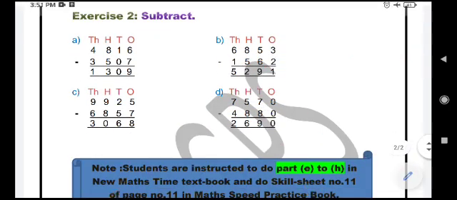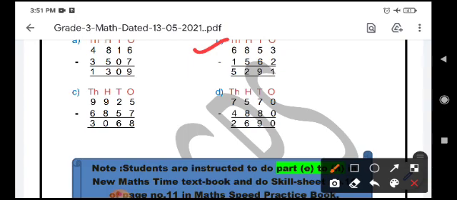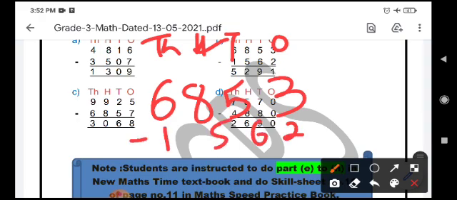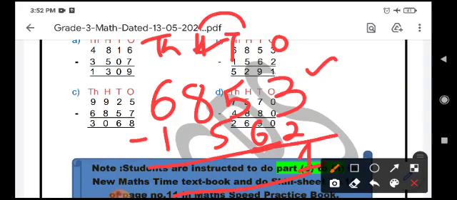Similarly, we will do part B like that. Let me write this first: 6,853 minus 1,562. 3 minus 2, more on top. Yes, no need to stop. This is 1. 5 minus 6, more on the floor. Go to the next door and get 10 more. We are having 8 at the hundreds place, 800. So get 10 from it.